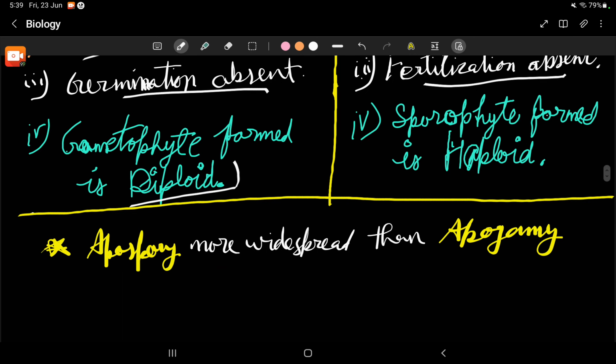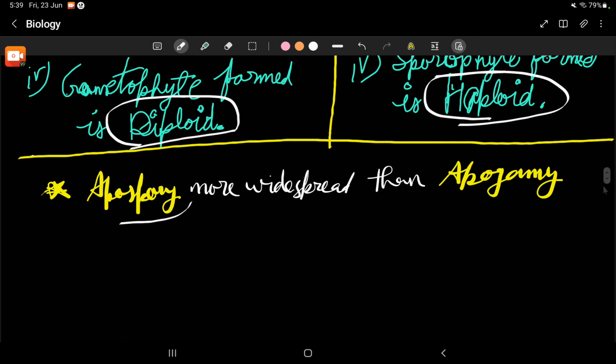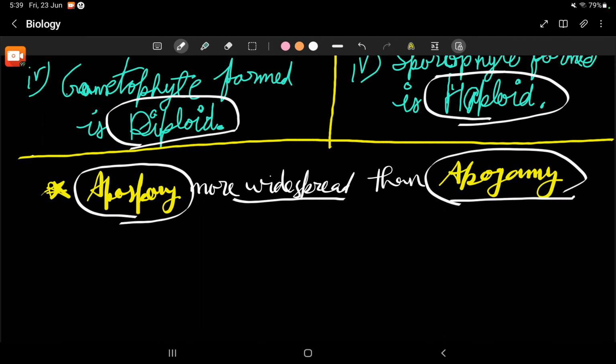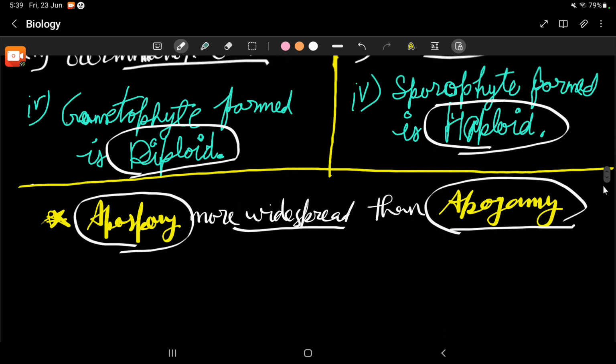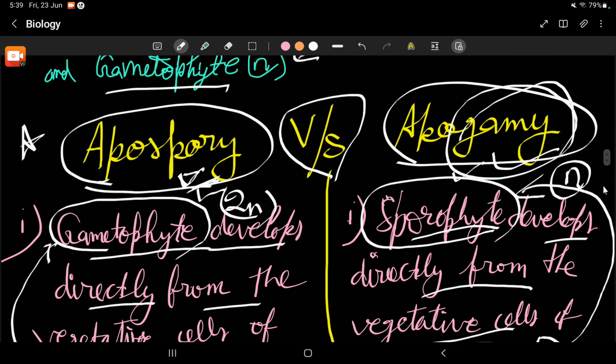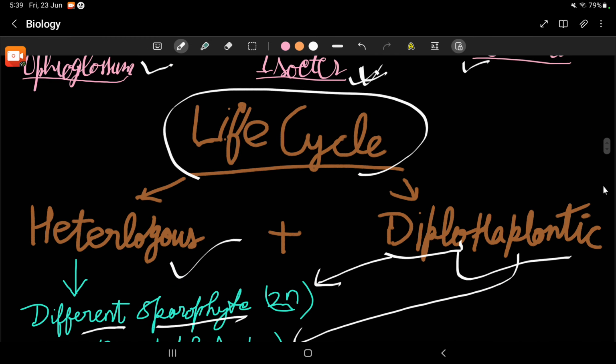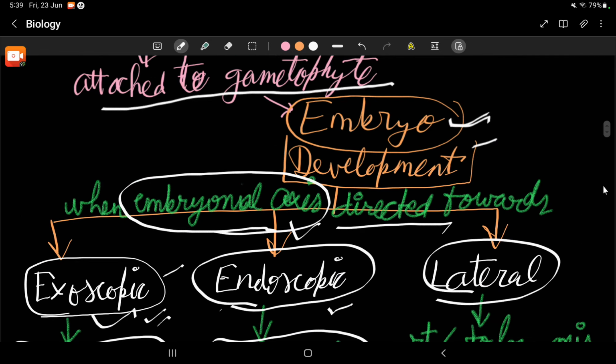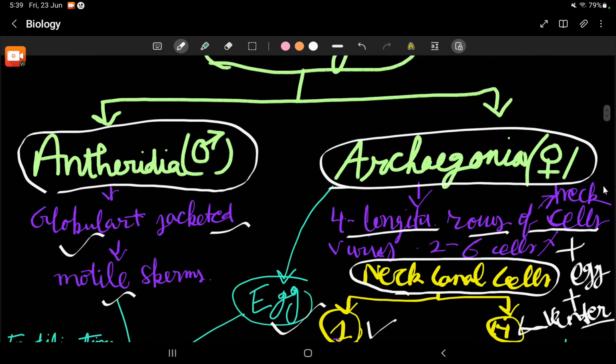So the gametophyte is diploid in apospory and the sporophyte is haploid in apogamy. Apospory is more widespread than apogamy. This is all about the gametophyte of pteridophytes. Thanks and have a nice day.